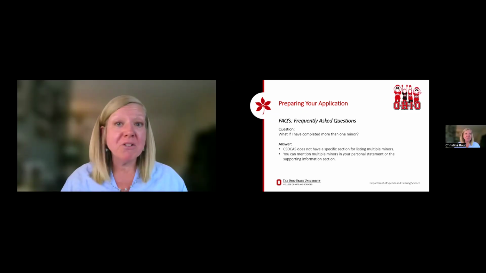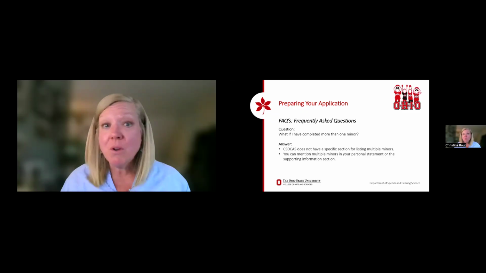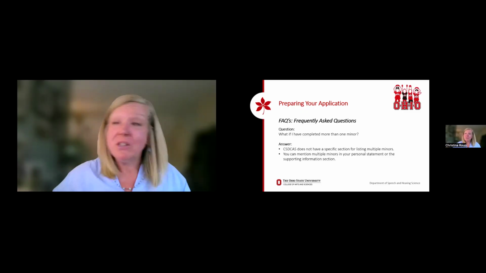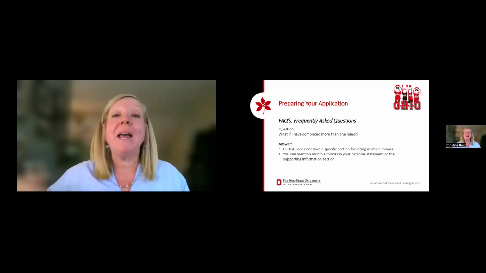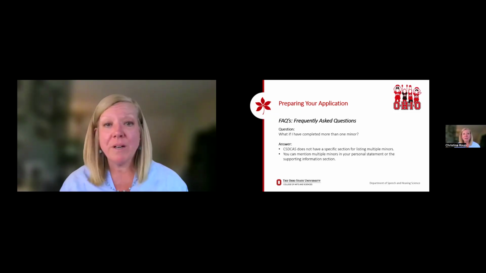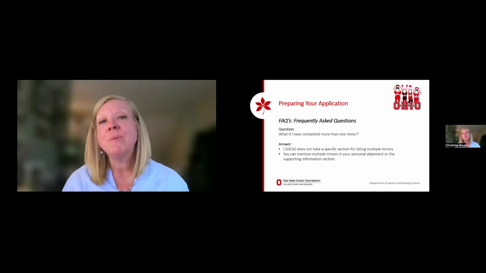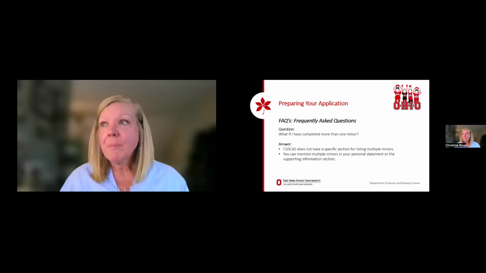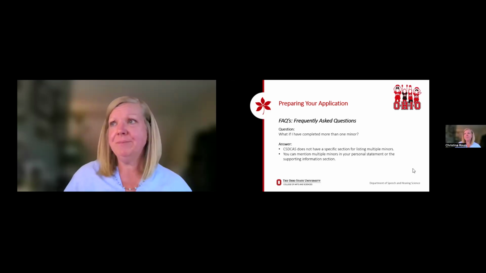You can talk about your minors and why you chose to do those minors and why that led you to speech and hearing science or to speech pathology or audiology. You can help build that into your narrative of who you are. You can also list that in your supporting information section. So there's multiple ways in which you can demonstrate that you have multiple minors, if that's the case.